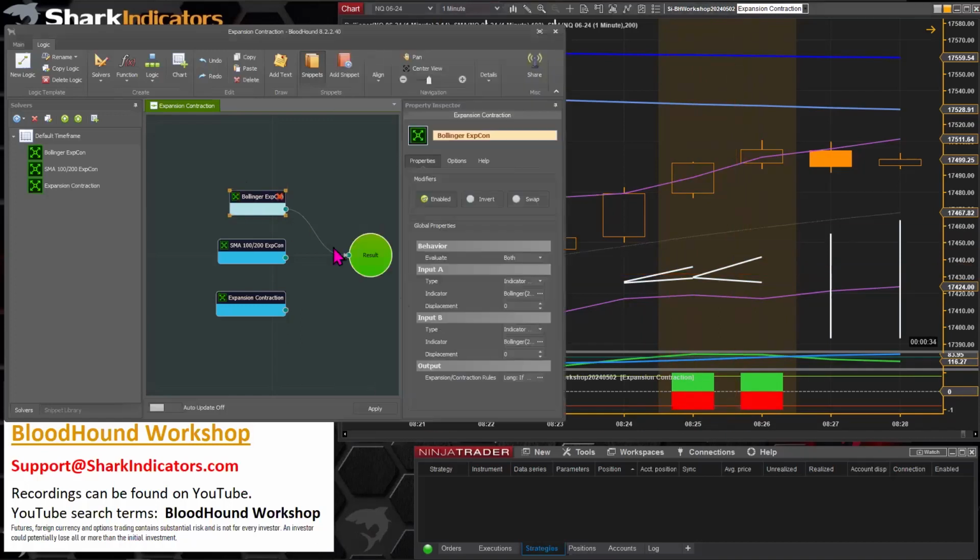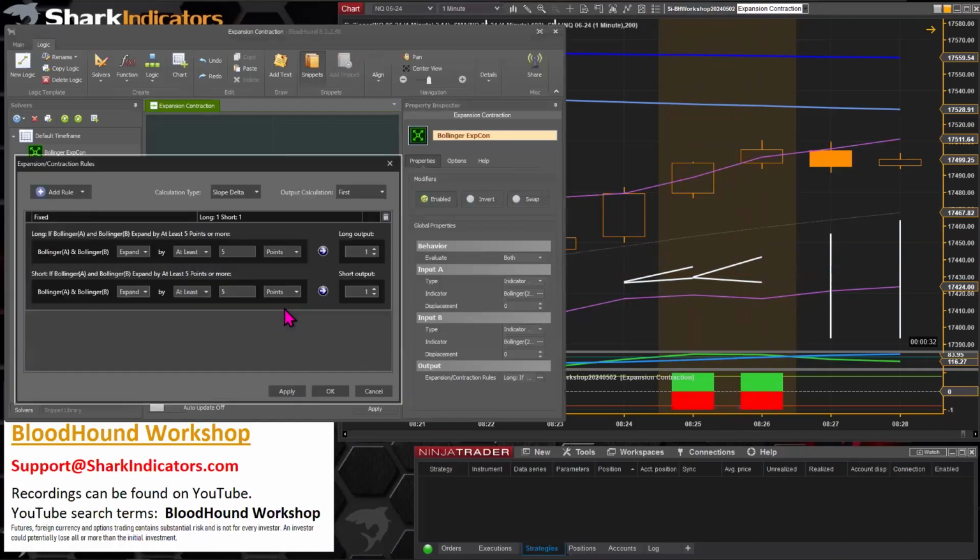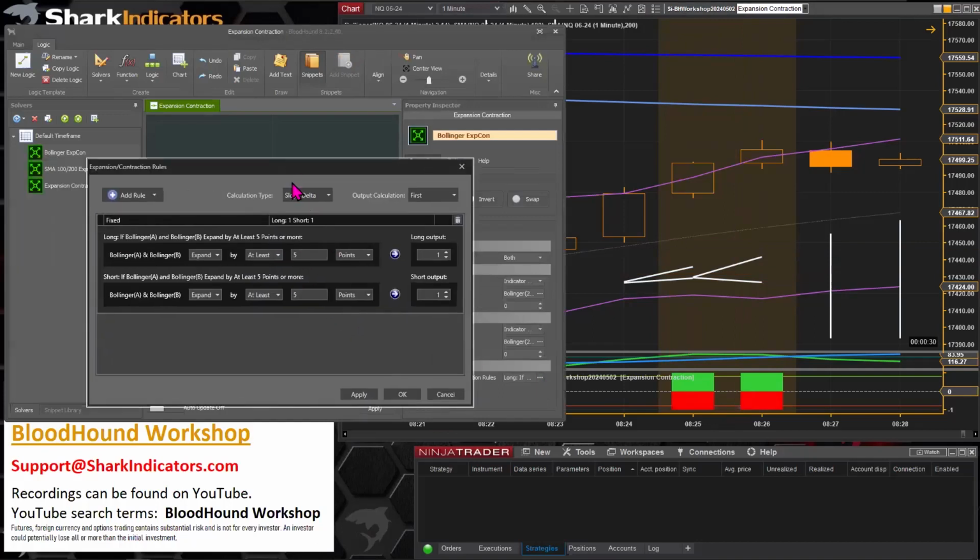So that's how the slope delta works versus the distance delta.